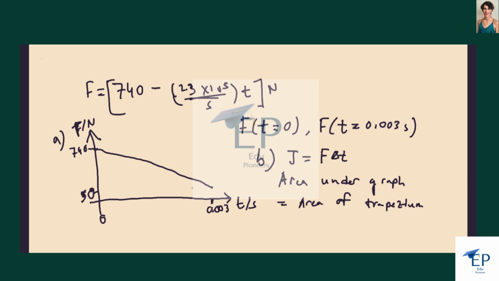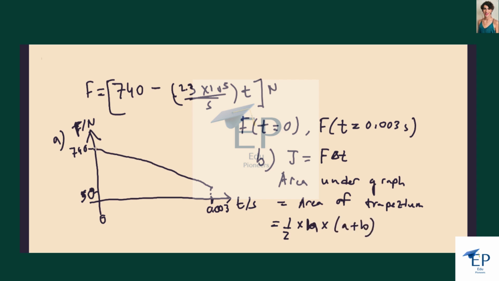The trapezium is this four-sided figure, whose area is given by 1/2 times the height times a plus b.